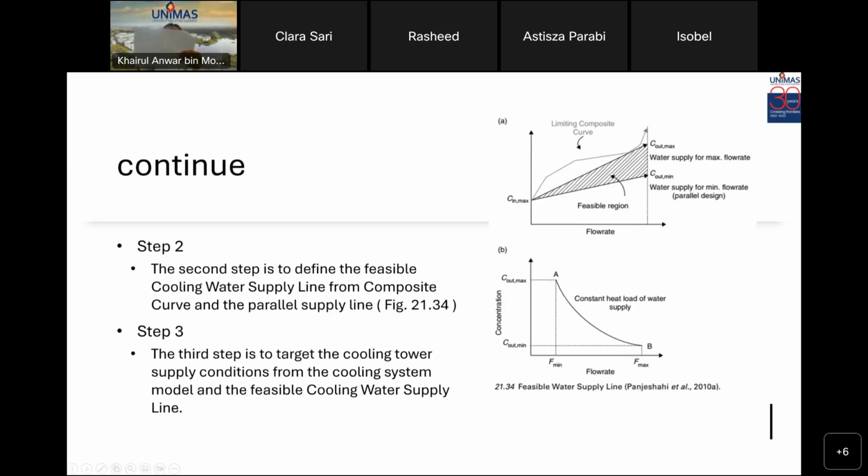It is noted that the inlet condition to the cooling tower affects the cooling performance. So the x-axis is the flow rate. At the highest flow rate, the C out is minimum. Then they plot the variation from highest to the lowest and see how the trend goes.